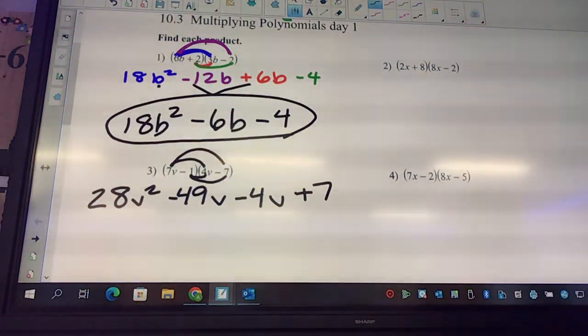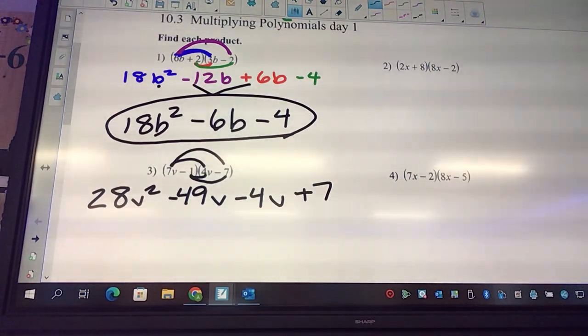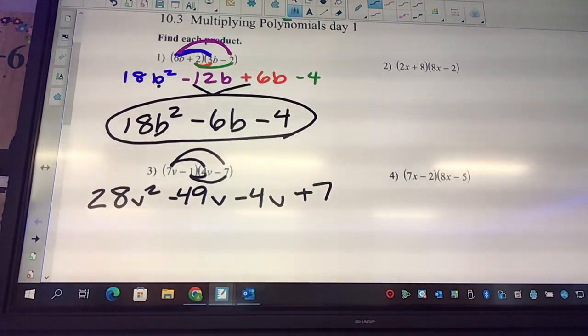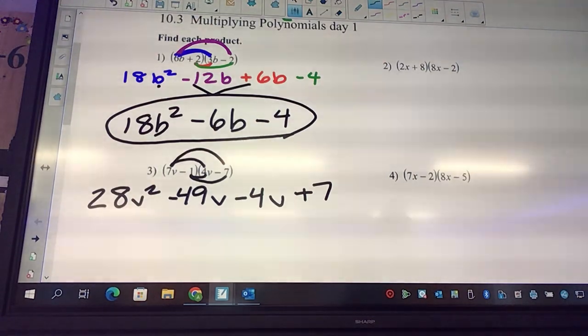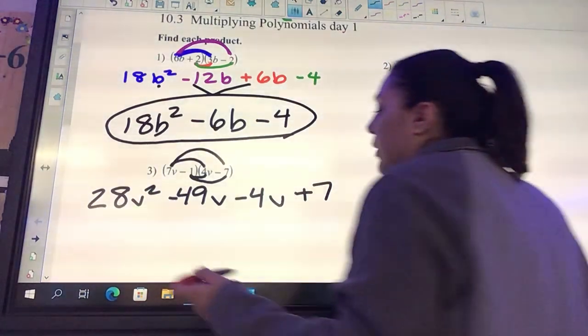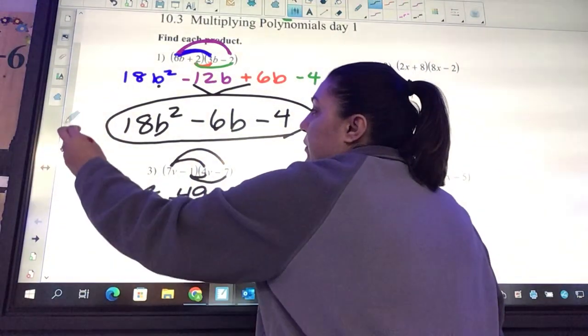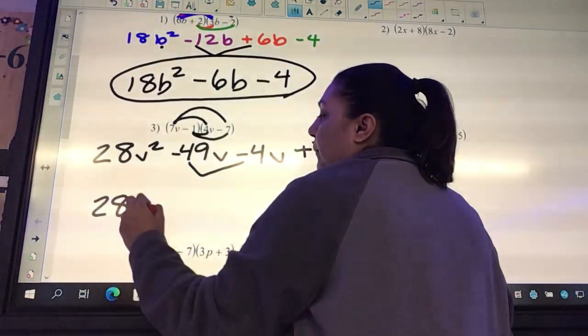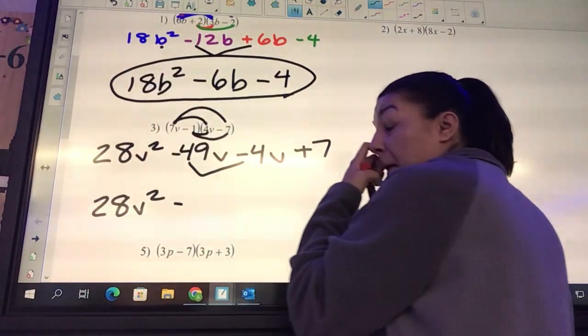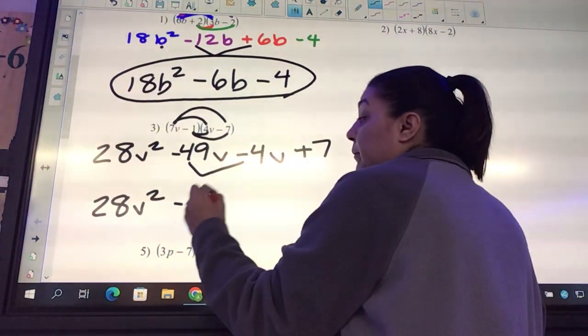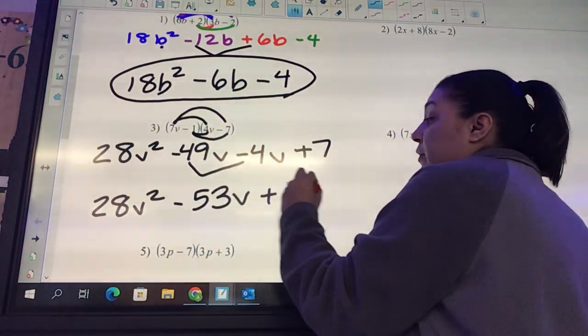It's working like that only because of the way these particular problems are set up. If there's more variables in there or fewer, it's going to look totally different. So always just check and see what we can combine. In this case, we can combine -49 minus 4. And what are you going to get? Negative what? 53. And then we still have that plus 7.